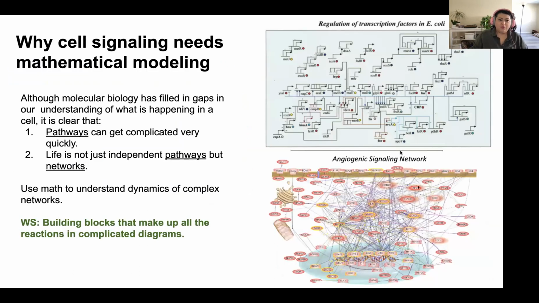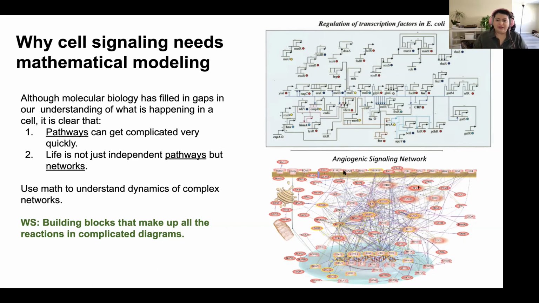Okay, so why do we even need mathematical modeling in cell signaling? Hopefully I don't have to sell you, since you are already interested, but we've learned a lot about what is happening in a cell from molecular biology and biochemistry, and two things are clear. One, pathways get complicated very quickly.